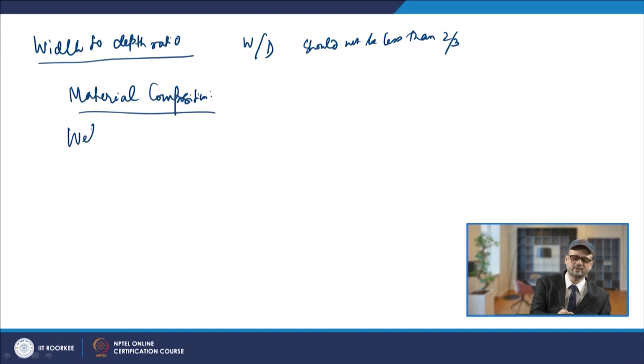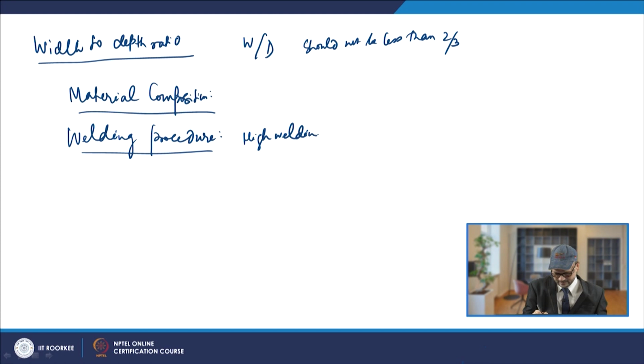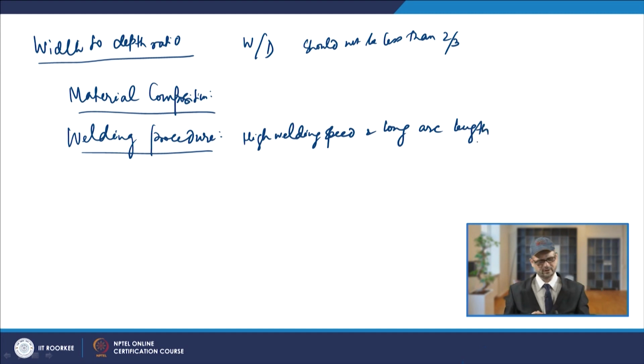Then comes the effect of the welding procedure. If you talk about the welding procedure, what we see normally is that if you use a high welding speed and a long arc length, high welding speed and long arc length, they promote the development of these cracks.